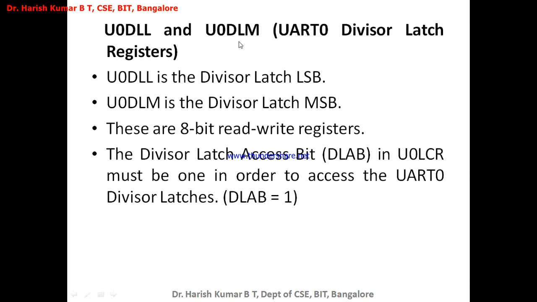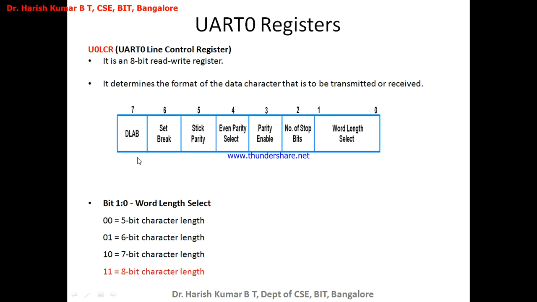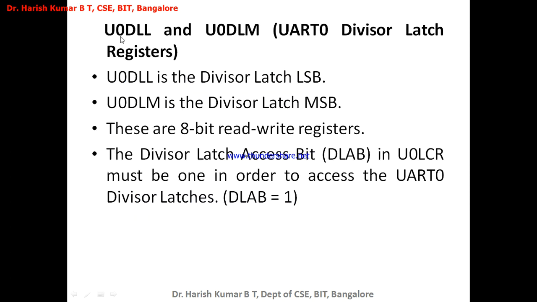These are the two registers available here: the divisor latch LSB, as I already told, and the divisor latch MSB, and again these are 8-bit read write registers. Now to access these two registers U0DLL and U0DLM, DLAB must be made as 1. That is what I showed you in the previous slide. If you are not making this DLAB as 1, then you cannot access these two registers.